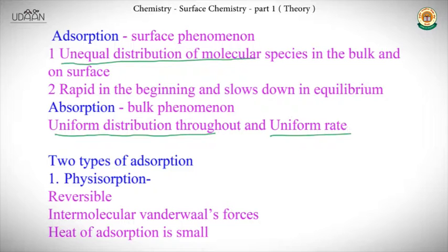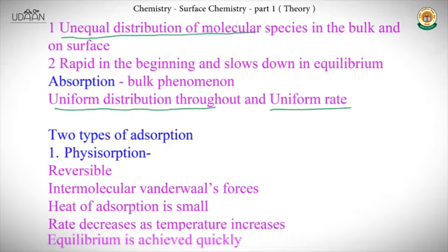Moving on, we now come to two major types of adsorption. One is physisorption, the second is chemisorption. In physisorption, the molecules bond with the surface physically, through intermolecular van der Waals forces. There are no chemical bonds, so there is no chemical reaction taking place.